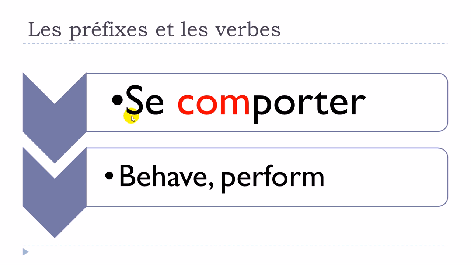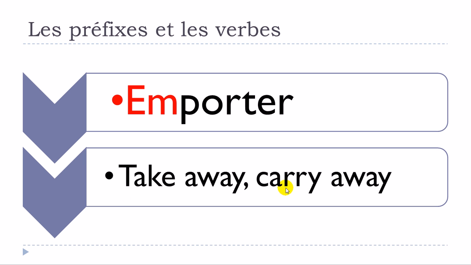Or it could be se comporter, and you have here the meaning of this verb. Then it's possible to add em, so you will get emporter. And here is the translation.